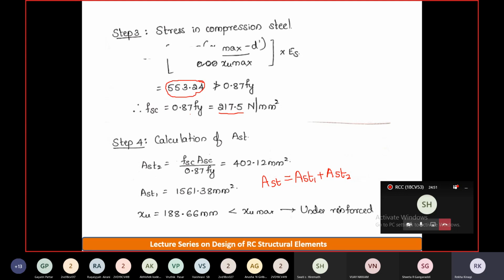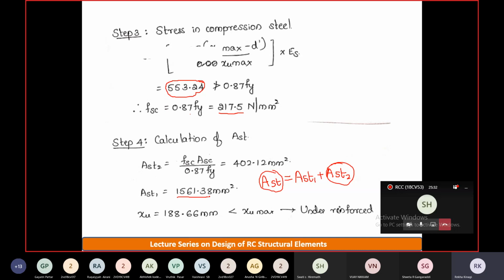AST is given and AST2 we have calculated, so the only unknown is AST1. We can calculate it as AST minus AST2, which will give us 1561.38 mm square as the value of AST1. So we know the value of AST1, we know the value of AST2, and in turn AST.